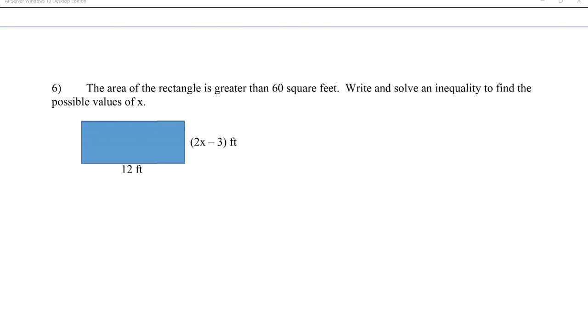The area of a rectangle is greater than 60 square feet. So just a reminder how we find the area of a rectangle. You multiply the two dimensions, length times width. Doesn't matter which is which because one property of multiplication is that the order doesn't matter.